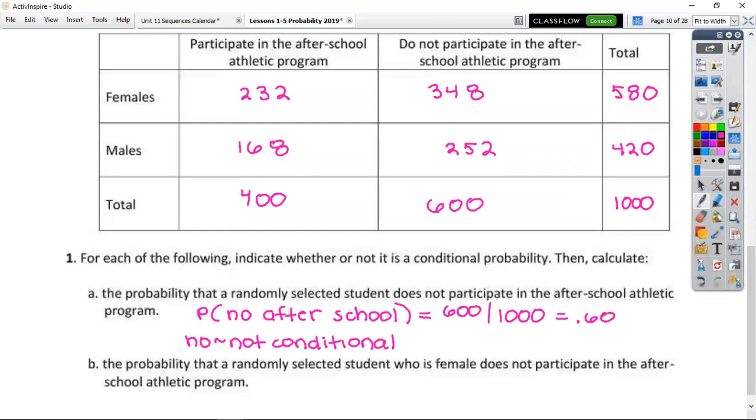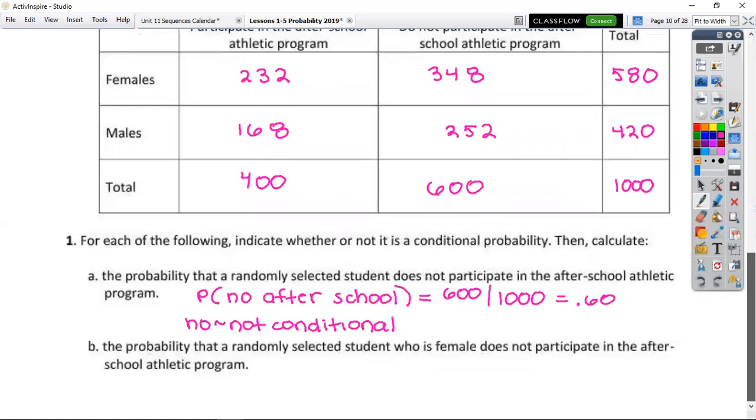All right, tell me this one, guys. Is this one conditional? Yes, good. The probability that a selected student who is female, so this is now only out of females, does not participate in the after-school athletic program. So now my total is just 580, and of the 580, I only look in the row, and that was 348, right? Yep, so I know I have that covered.